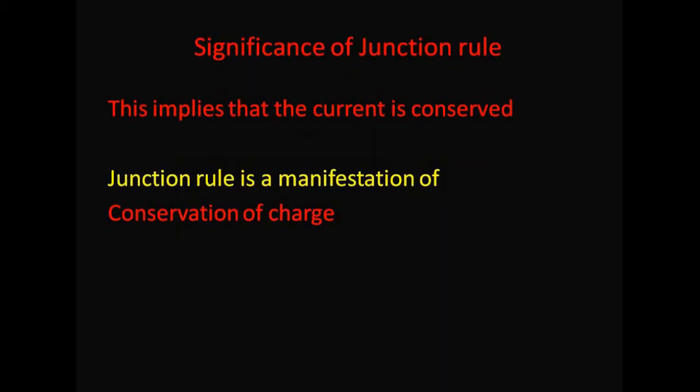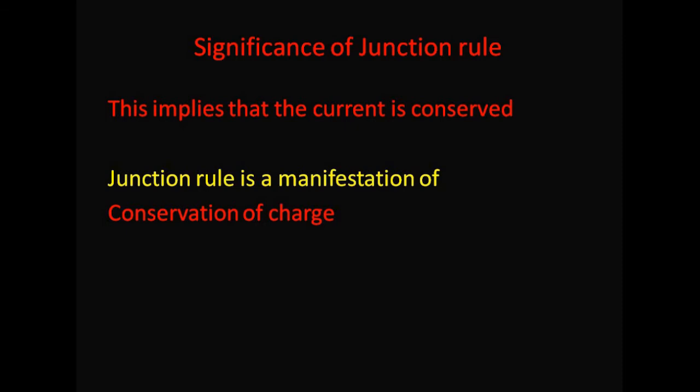Now, what is the significance of junction rule? The idea is pretty simple in this case. Whatever current that goes into a junction also leaves that junction. So current is in fact the flow of charges. For a stipulated time, all the charges entering into the junction should also leave the junction in an electrical circuit.